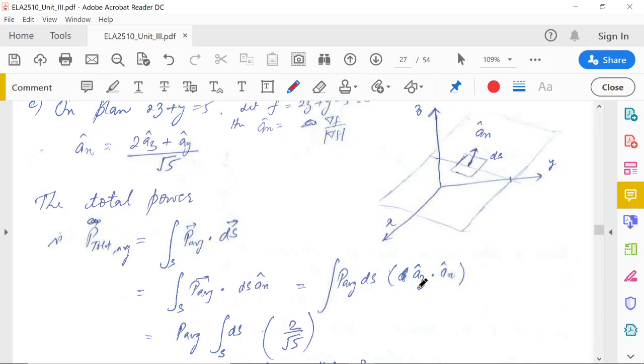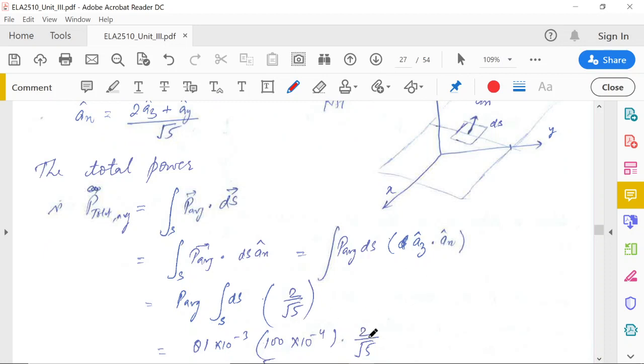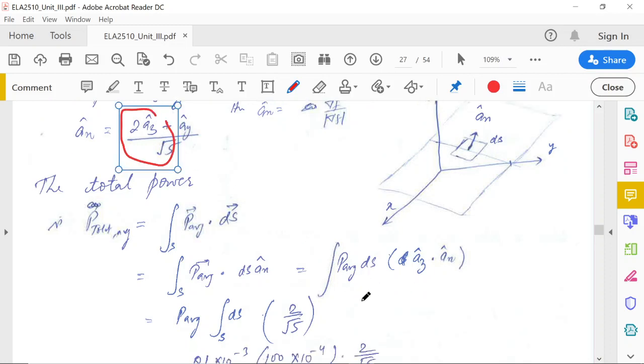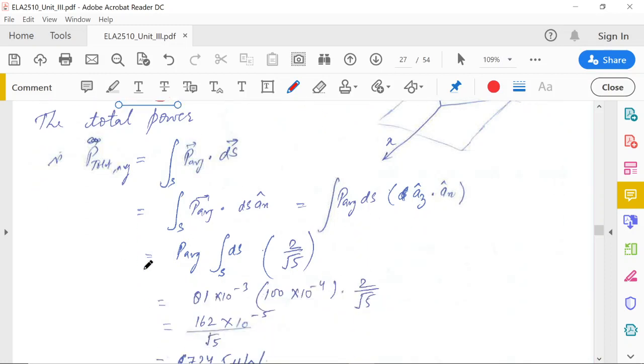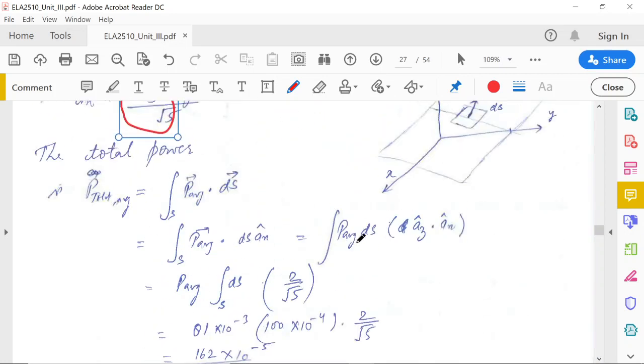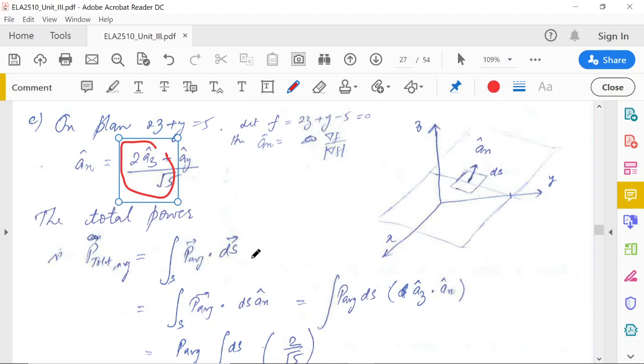When you put this in, because we have the dot product, only the dot product matters, because P average has direction along the z axis. So only this part will play a role. The 2 by under root 5 will be there as a_n, and you can compute here. And finally, you will get the total power crossing this plane.